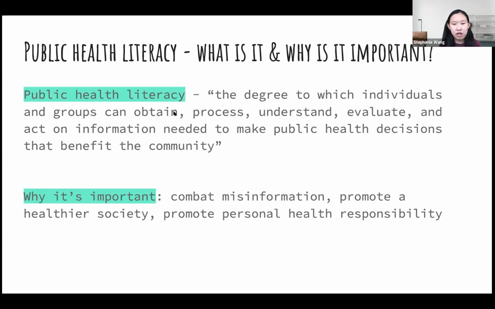And next is to promote personal health responsibility. That goes along with promoting a healthier society. But in this one, I wanted to emphasize promoting personal health responsibility in relation to everybody else. So we've all lived through this pandemic.